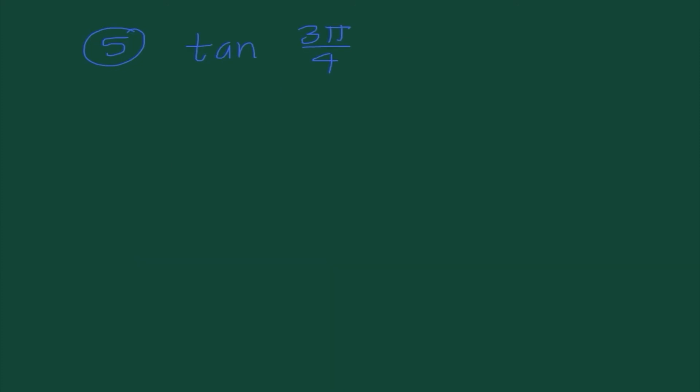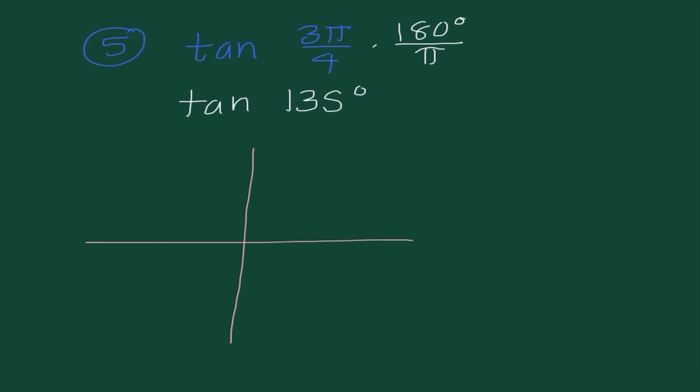Number 5 says tangent of 3 pi over 4, and I'm going to start by converting this into degrees. So I end up getting the tangent of 135 degrees. So I'm going to go ahead and draw this. I know 135 is in quadrant 2, so I need to think, how far away is 135 from the nearest x-axis, which is 180? And I realize that 180 minus 135 is 45 degrees.